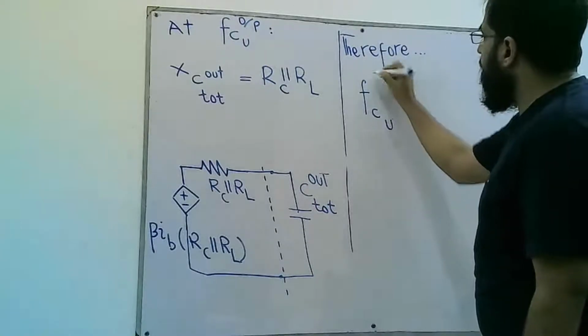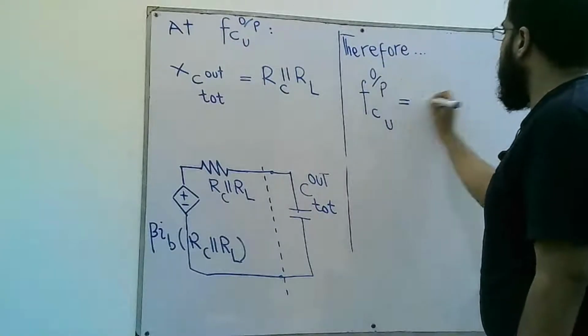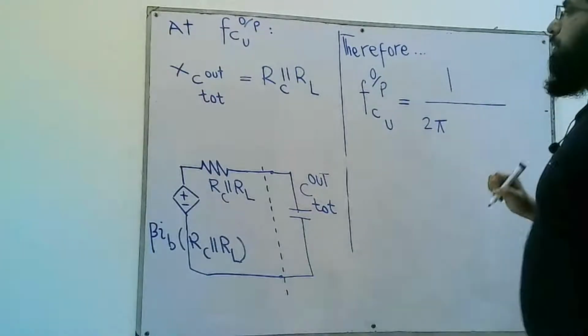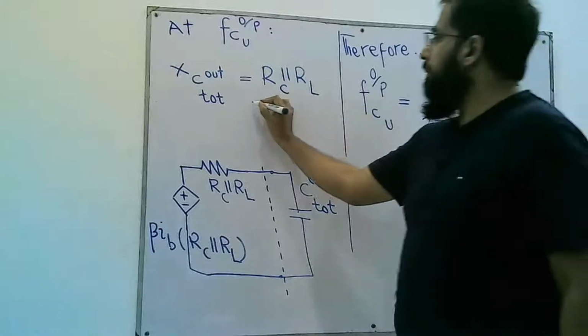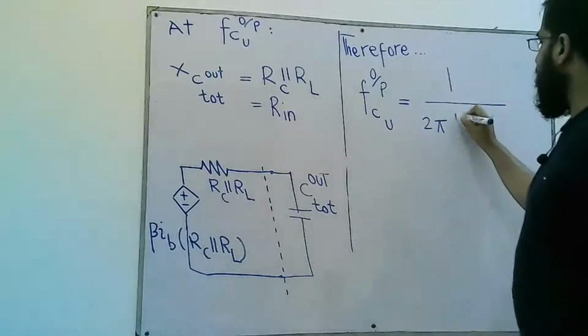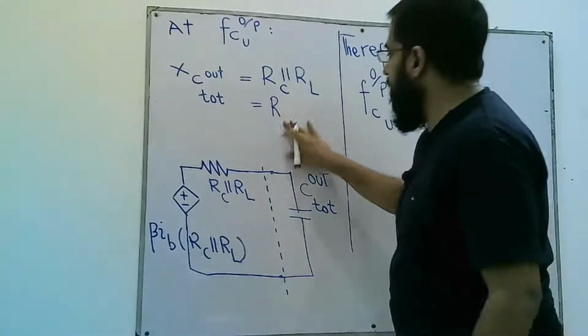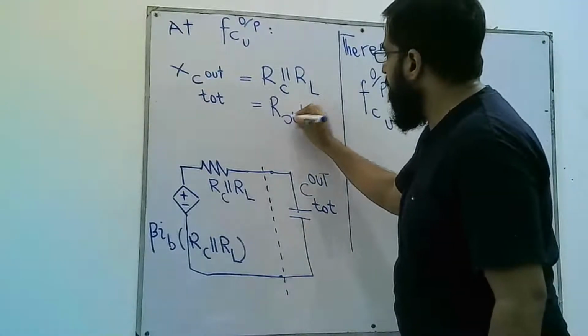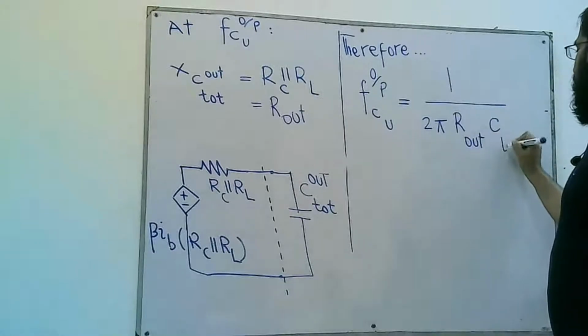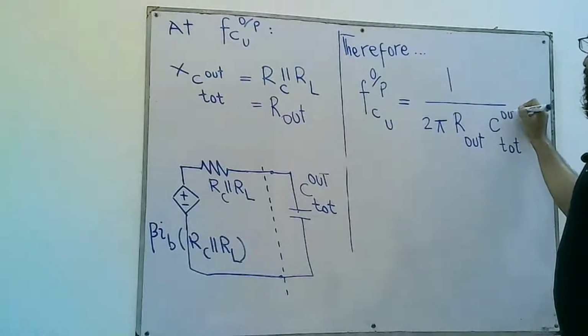FCU due to output is written as 1 over 2 pi R out C total out.